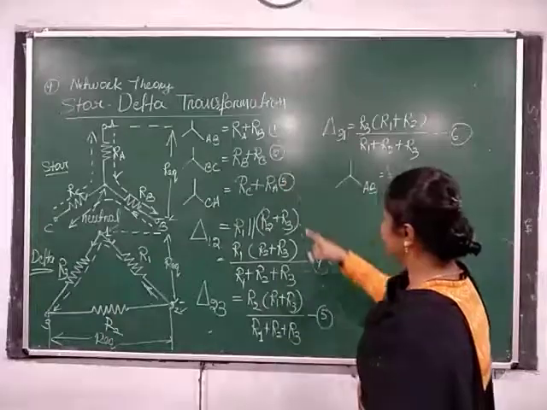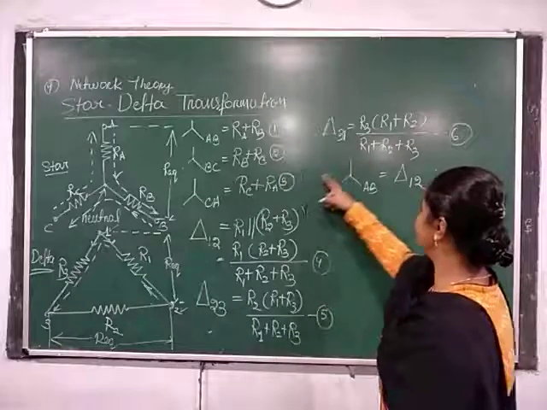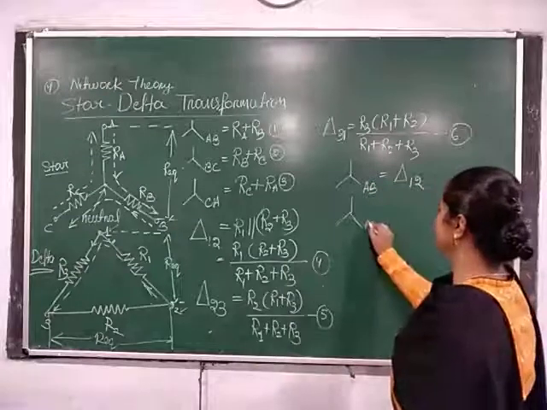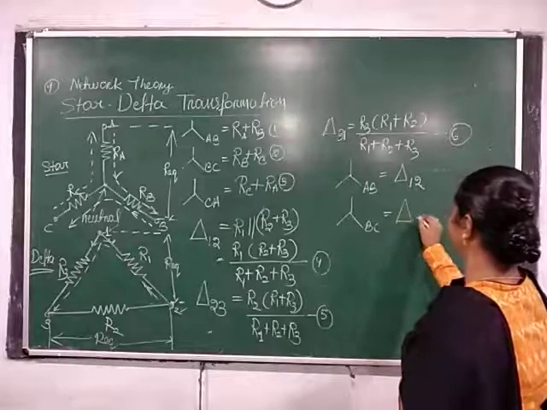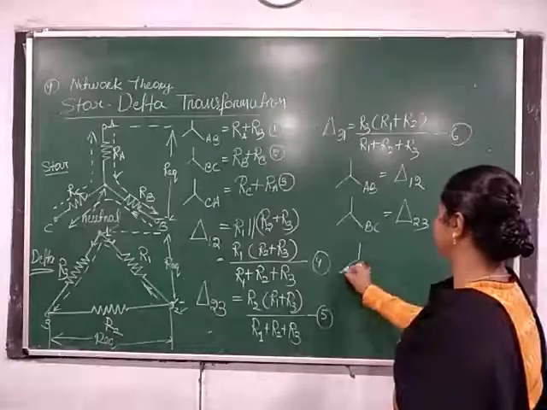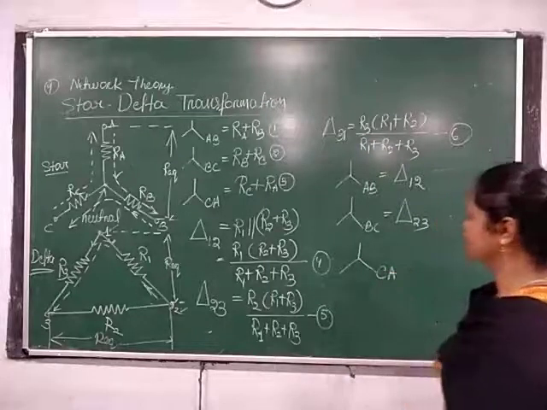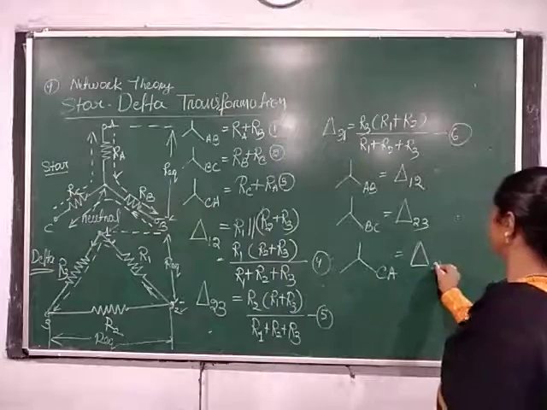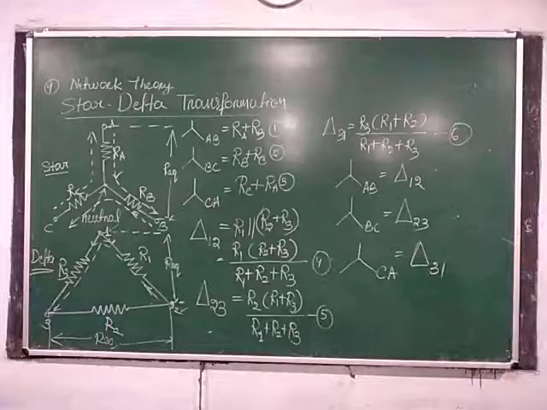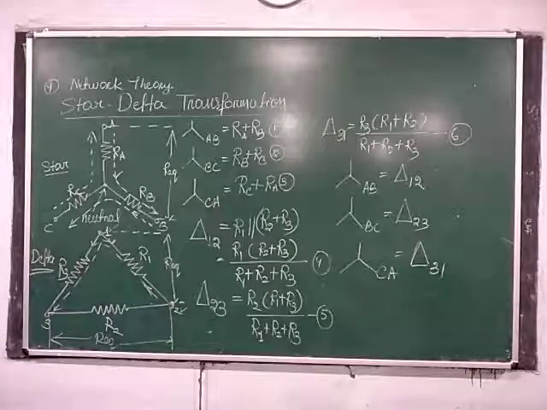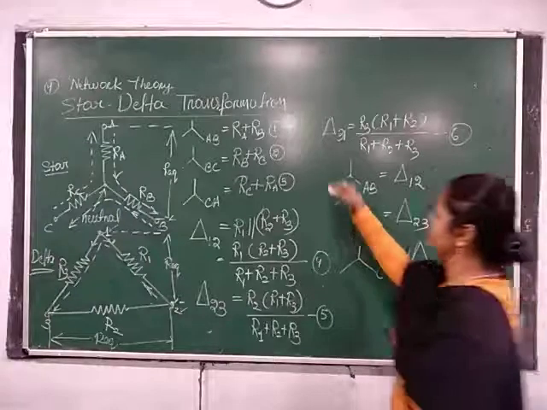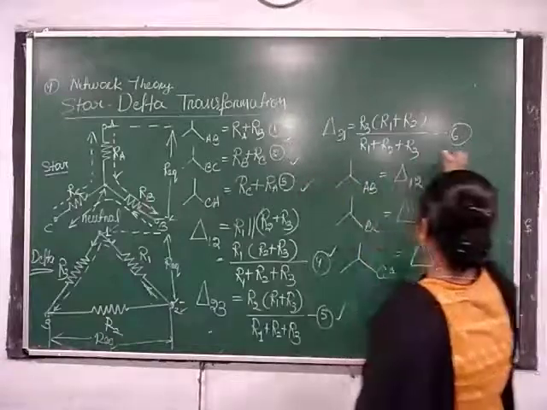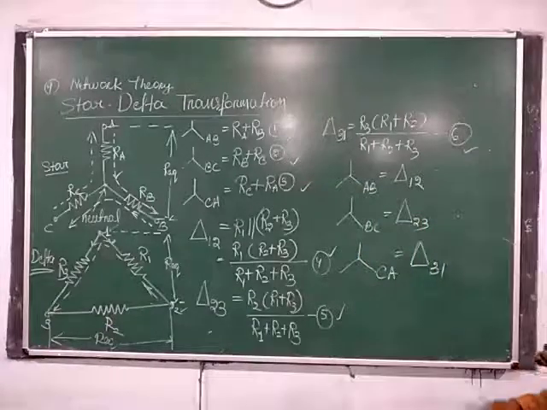Similarly, equation 2 and equation 5, equation 3 and equation 6. In star, the resistance between B and C is equal to that between 2 and 3 in delta, and the resistance between C and A is equal to that between 3 and 1. I equate equation 1 with 4, 2 with 5, and 3 with 6.